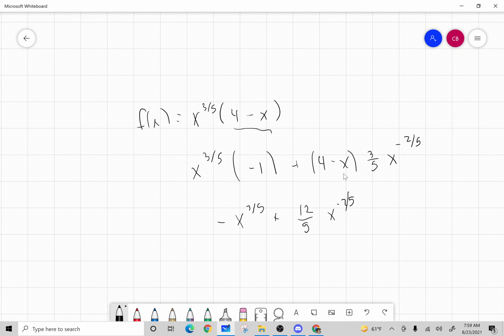So this is going to be -3/5, okay, this is x to the 5/5 plus 2/5, so 3/5 x to the minus 2/5.